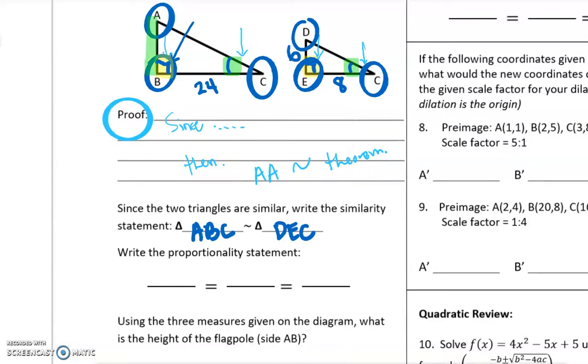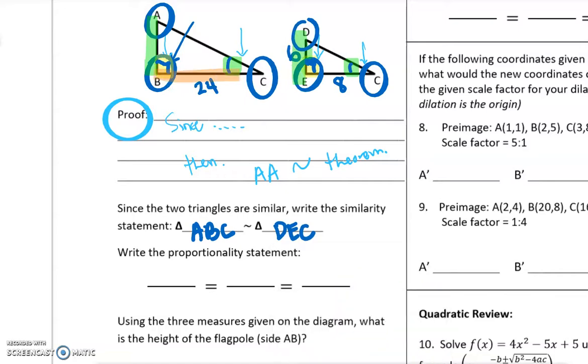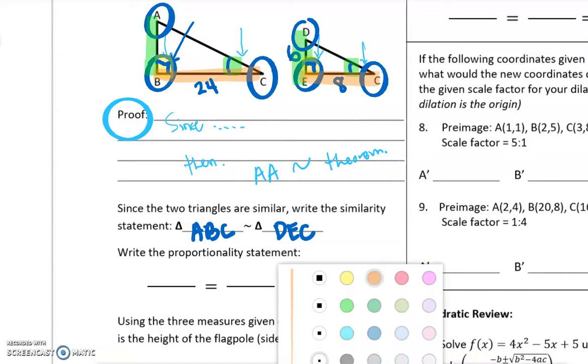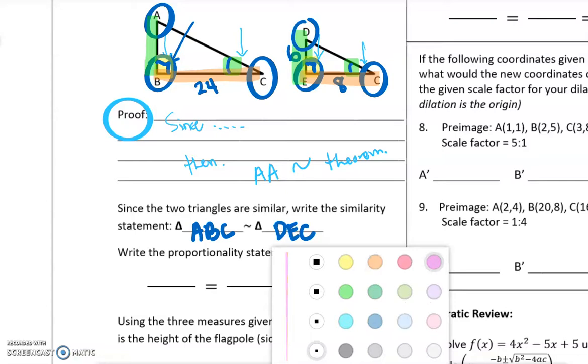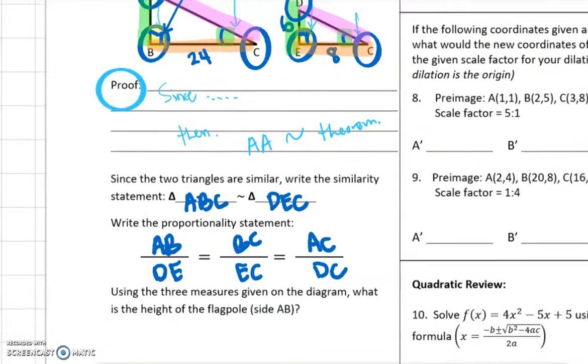So you can see that side AB and DE correspond. You can see that BC and EC correspond. And finally, you can see that AC and DC correspond. So we're simply going to write that in our proportionality statement. We're going to write AB over DE is equal to BC over EC, which is equal to AC over DC. And that's a proportionality statement.